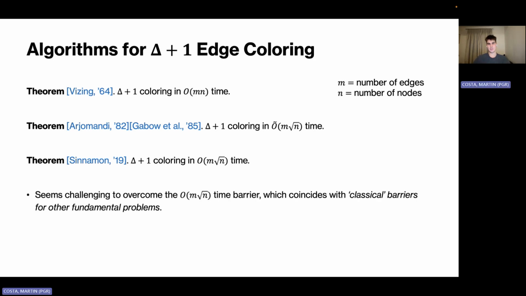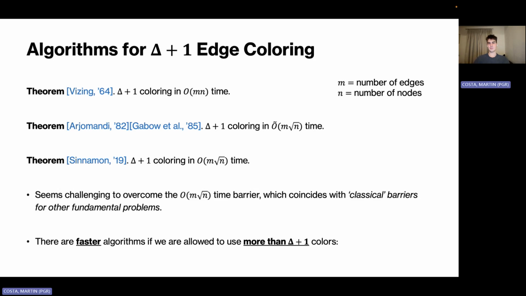So it seems challenging to break through this m√n barrier. And this also coincides with other classical barriers for fundamental problems, the most obvious of which being general exact maximum matching, which is obviously related to this problem since edge coloring is basically just partitioning a graph into matchings.